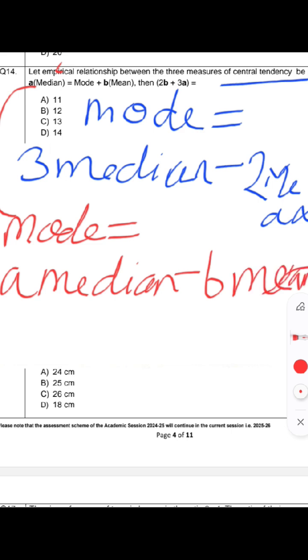Here space is less, so I am writing in this way.